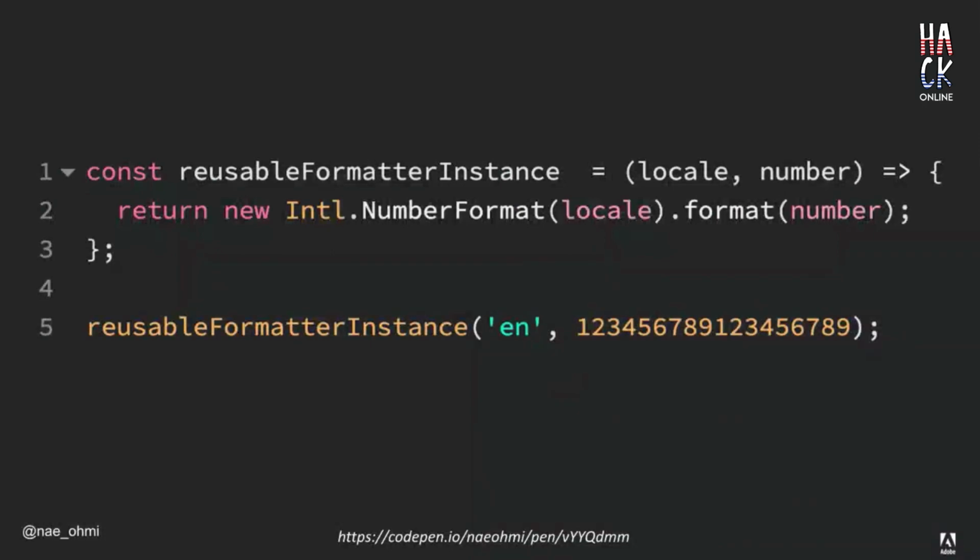And this example is creating a reusable formatter instance where we can pass in the user's locale and the number. So here, for example, on line 5, we're passing in the locale of English and that long integer 123 trillion. And since it enables a reusable formatter instance, it's more efficient than other methods.